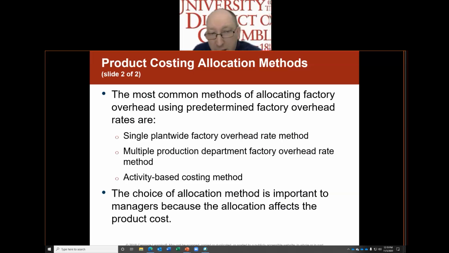That would be a single plant-wide method, multiple production department method, or activity-based costing. The one we choose directly impacts the total cost of the product. The total cost of the product is going to be different based on how we apply the factory overhead.